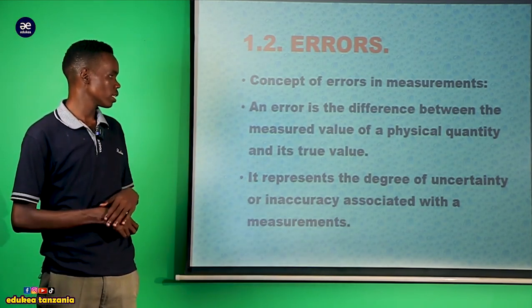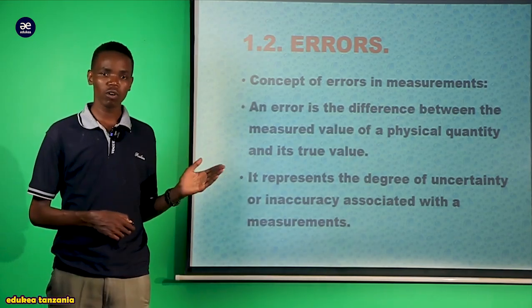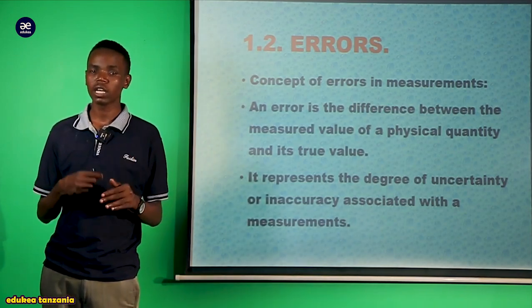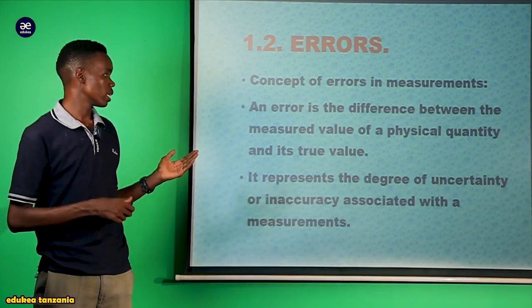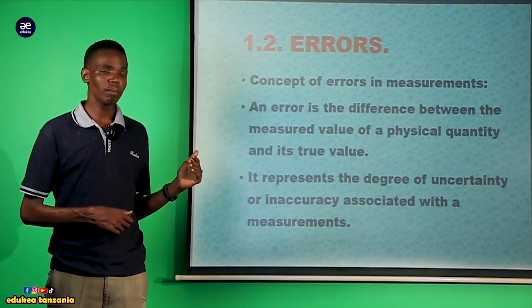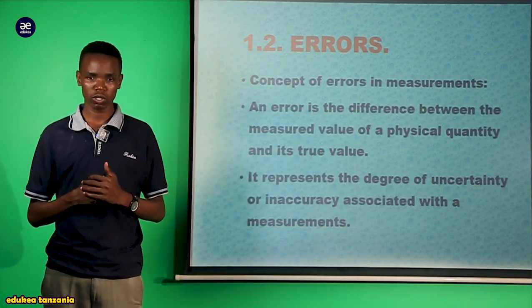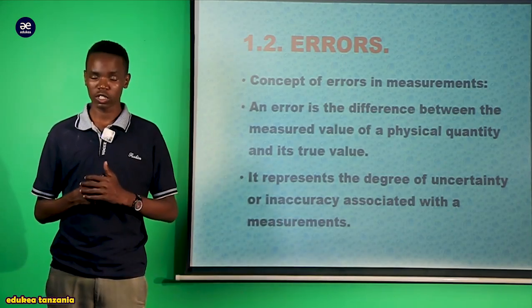So, my dear student, here you can see our definition. First of all, we see the concept of errors in measurements. An error is the difference between the measured value and the true value of the physical quantities.